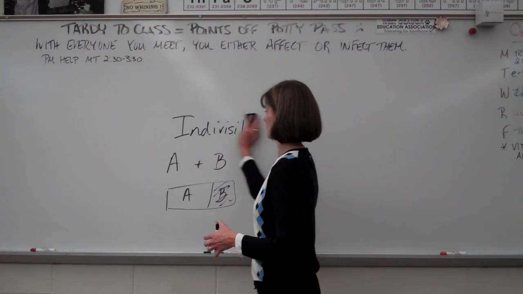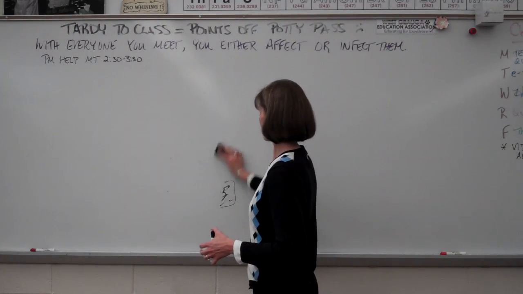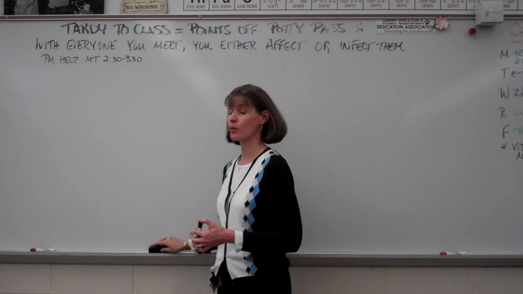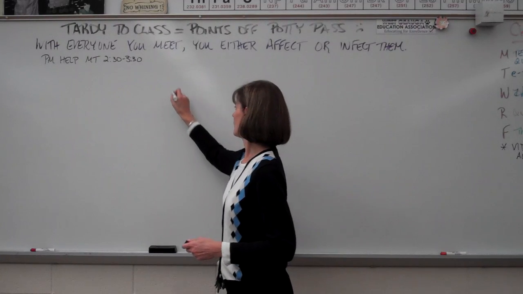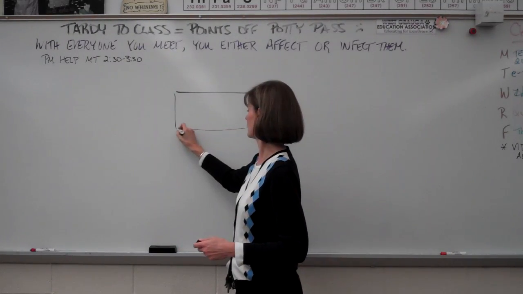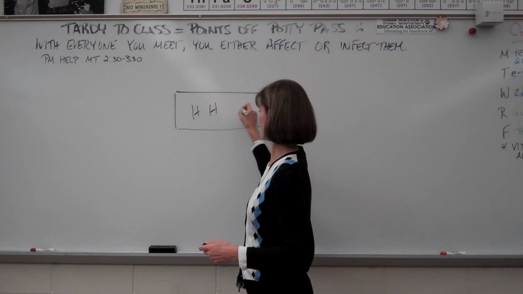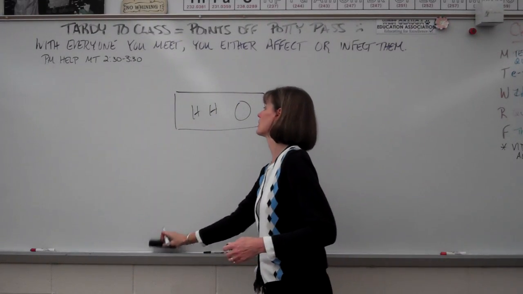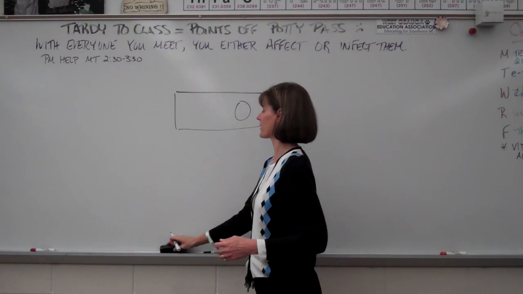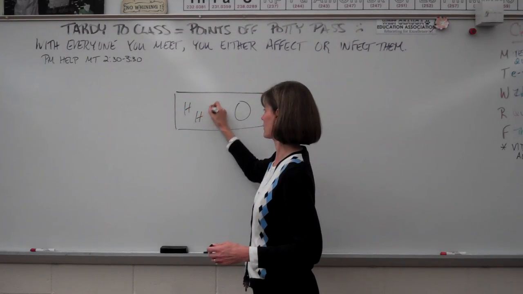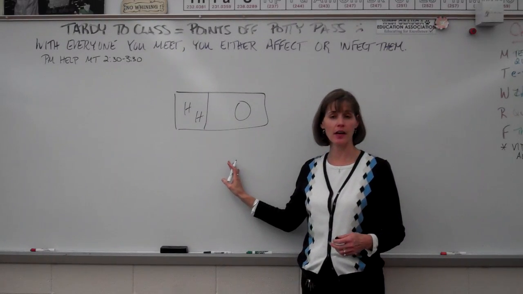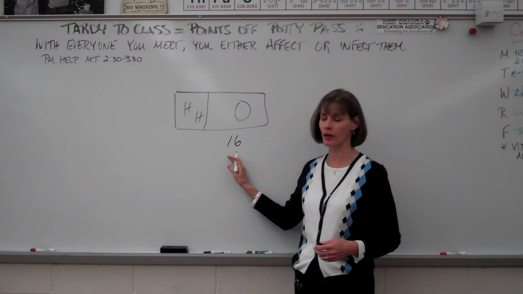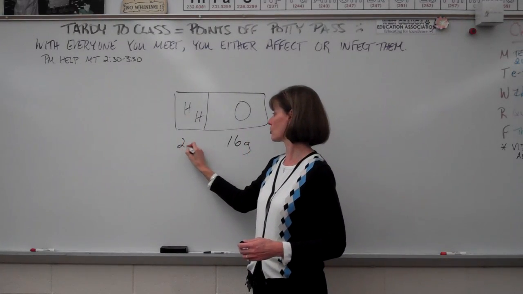What do they mean by calculating a proportion? Let me show you with water. In water, there are 2 hydrogens to 1 oxygen, but it's actually not a 50-50 split. The oxygen is much more massive than hydrogen, so even though there's 2 hydrogens, by mass, oxygen is, we'll round up, say 16 grams, and hydrogen is 2 grams.